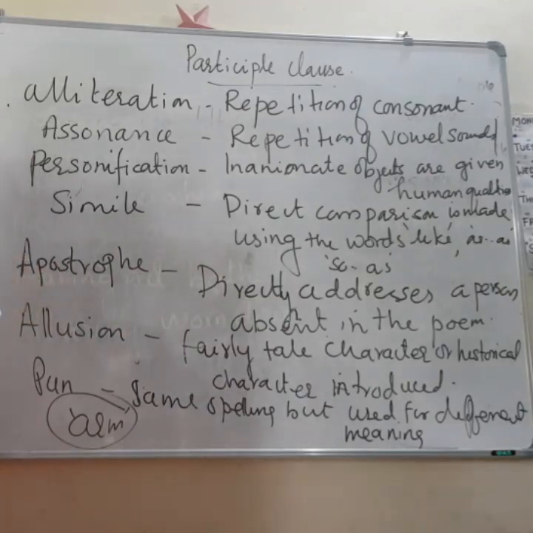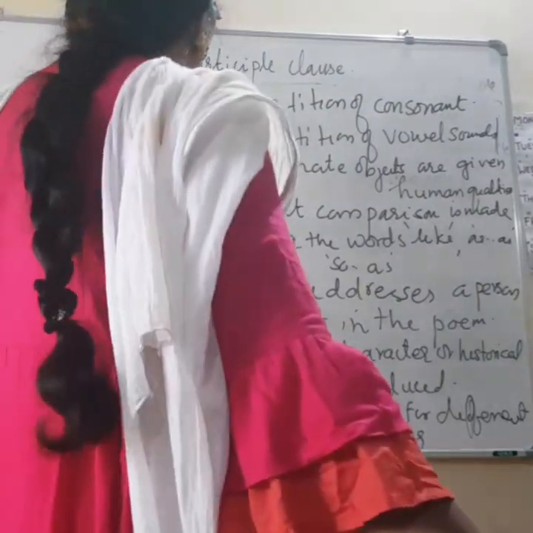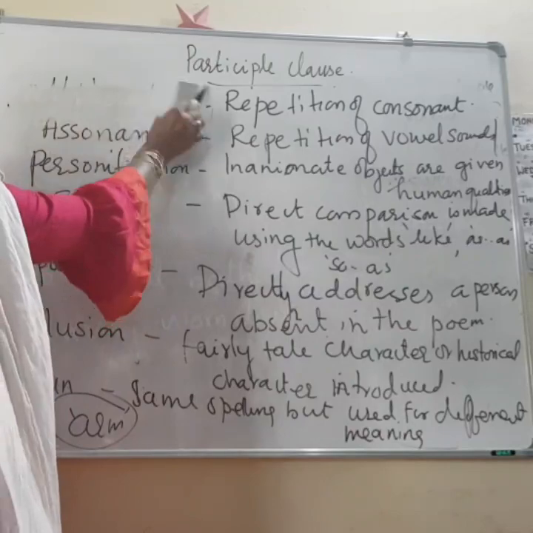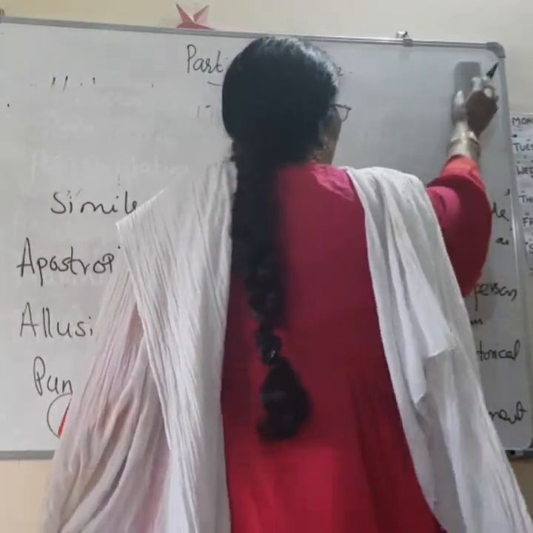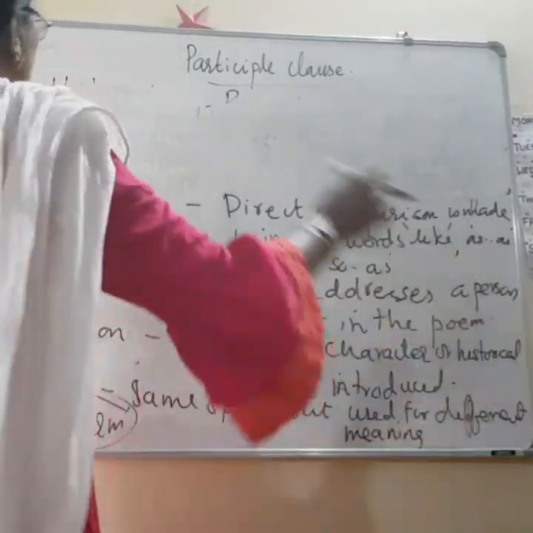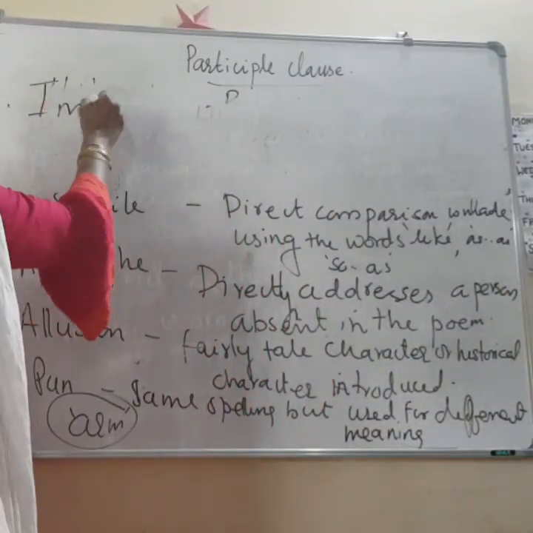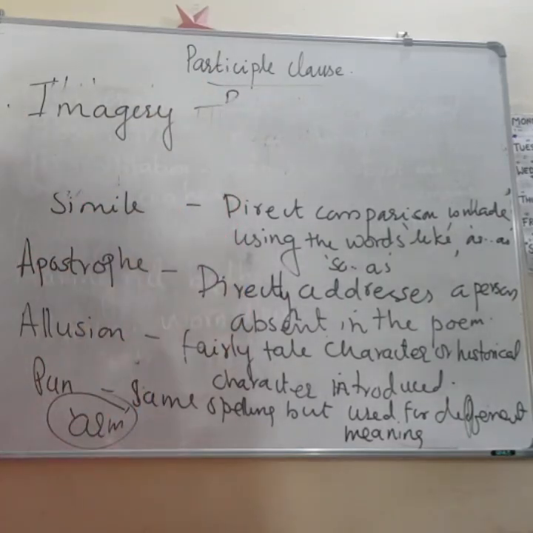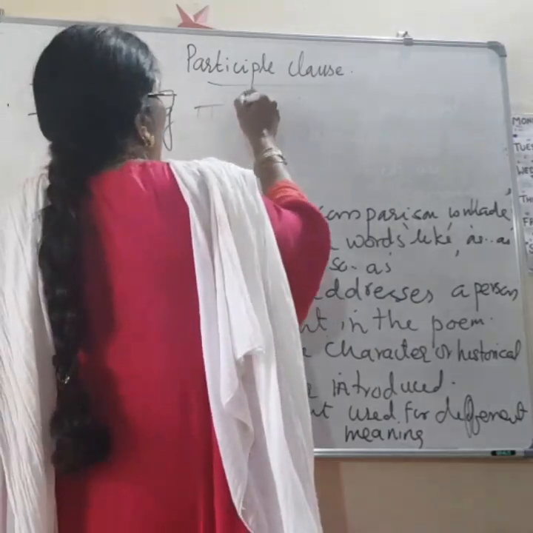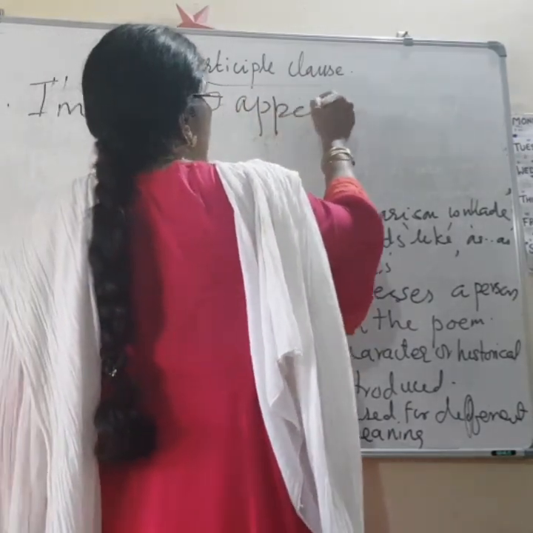Next we have to learn imagery, that I already taught in the 8th standard. I don't know how many of you remember. So what is imagery in the poem? Imagery means through the words the poet appeals to our senses.